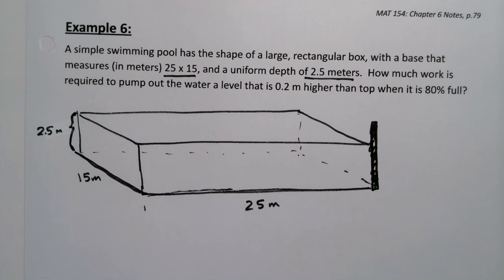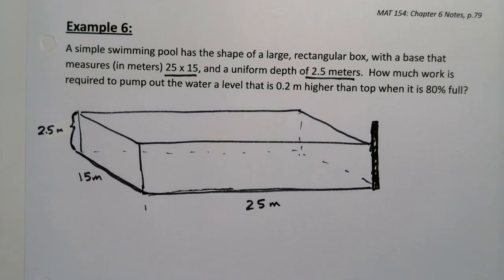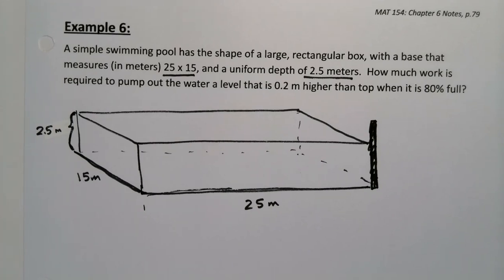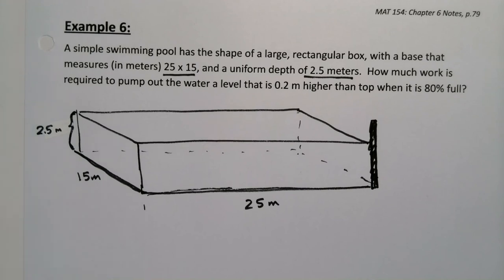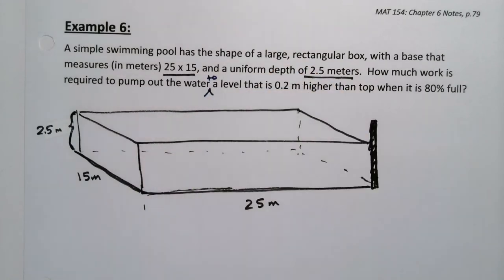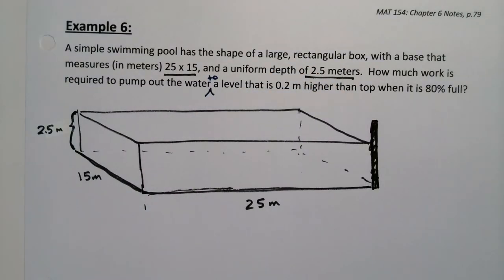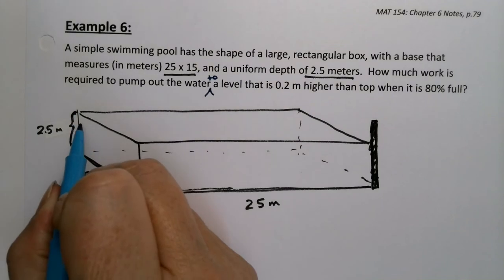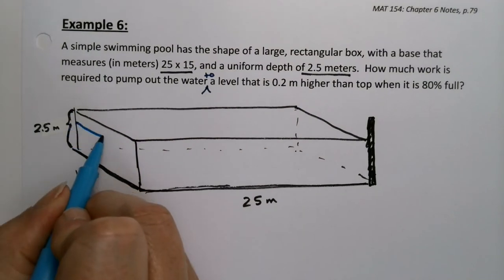Now, how much work is required to pump out the water to a level, sorry about that, that is 0.2 meters higher than the top when it is 80% full? Ooh, okay. There's a lot of stuff going on there. All right, so let's think about this. The pool is 80% full.